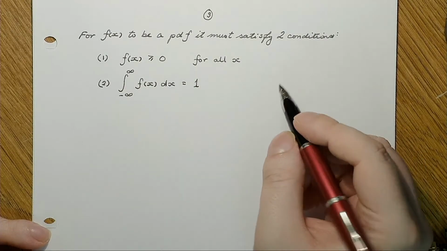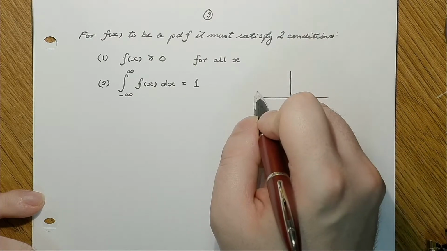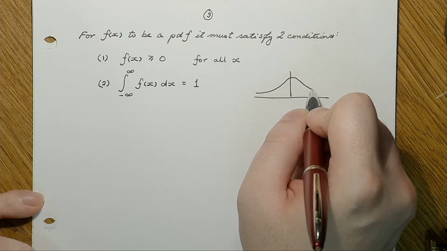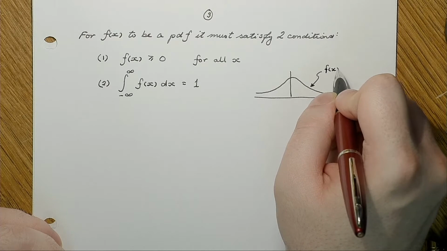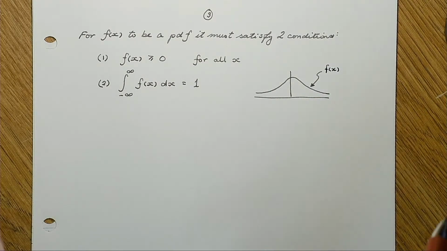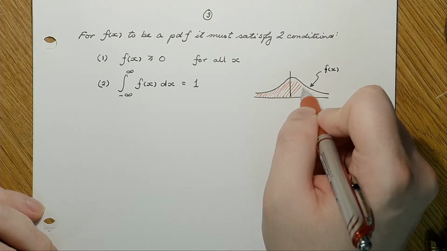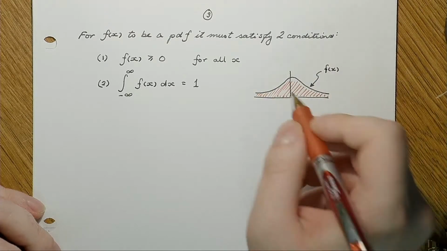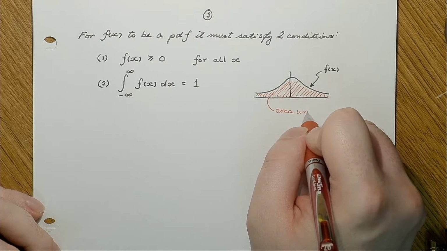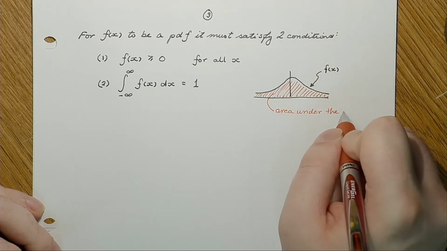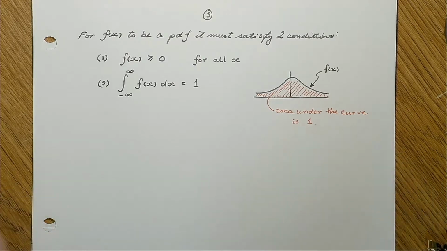So you can think of this that the function, say like this is a function f of x, if I integrate over the entire real line, we look at the area under the curve, is equal to 1.